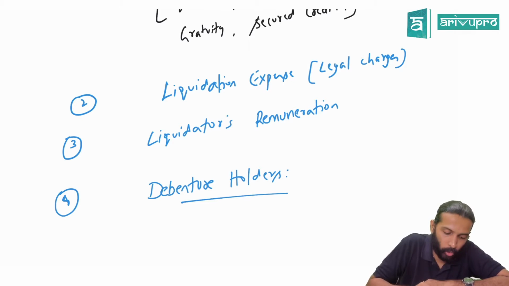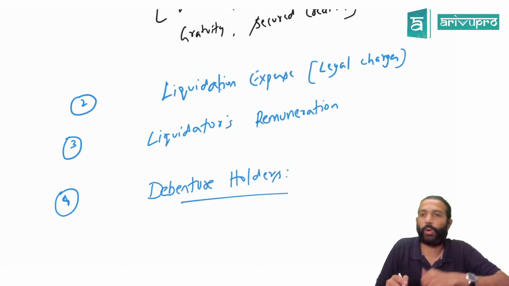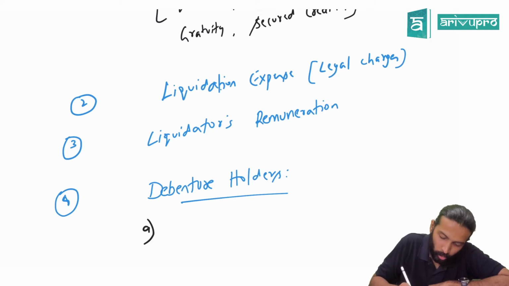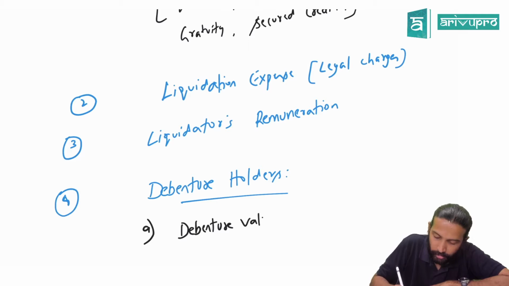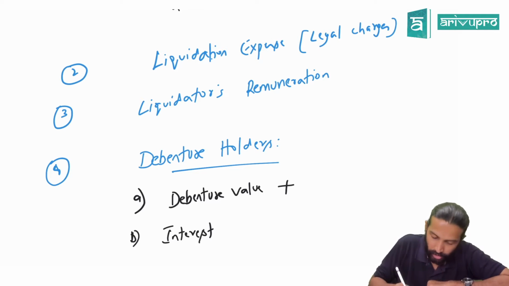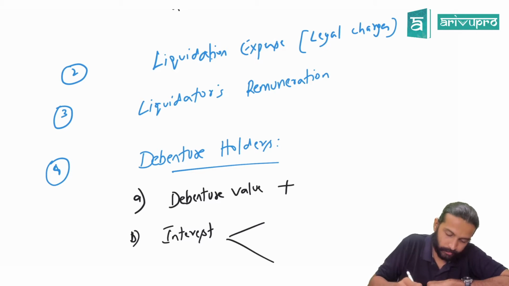What will debenture holders get? Debenture holders will get the debenture value as well as the interest. So two things the debenture holder will get: the debenture value, plus the interest. You can split interest into two parts.